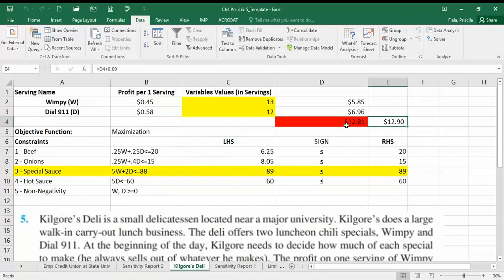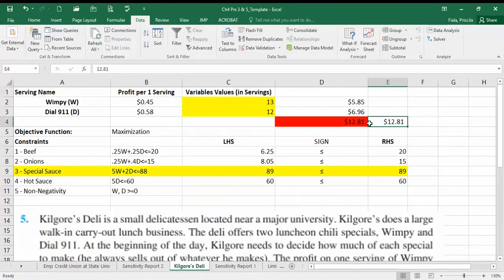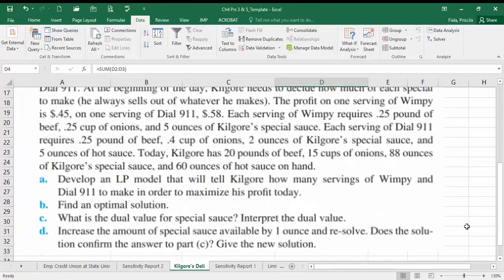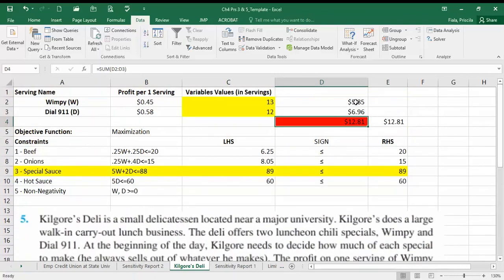If I increase by 1, the next one is going to be 12.90 because I put 9 cents. But really, I should have typed here 12.81 because it's going to confirm what I just told you. So the 12.72 plus my 9 cents is 12.81. So it does confirm. So you can say, does the solution confirm? Yes, it does confirm, and then you give the new value, which is 12.81.